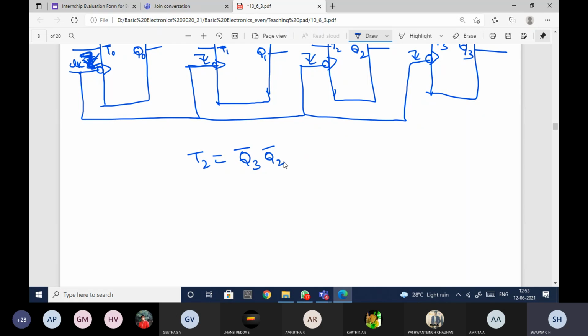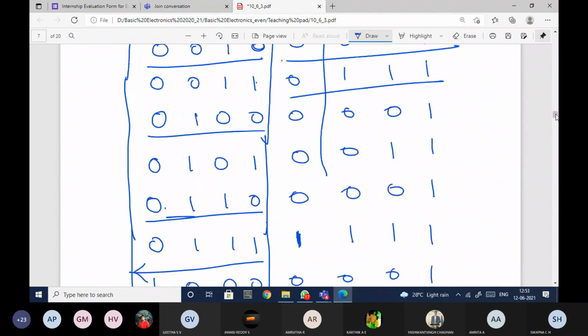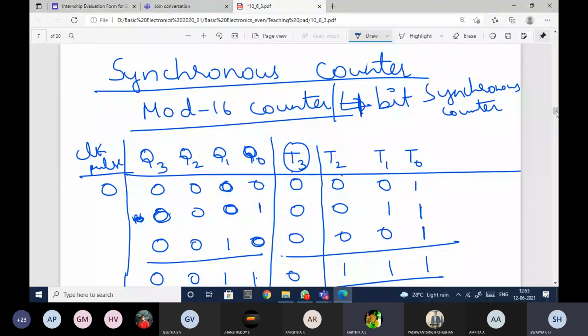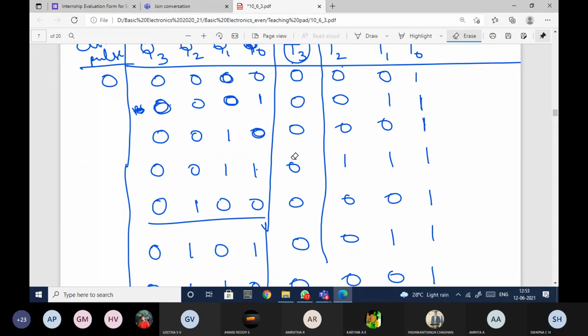Have you all noted down the table? Please show the table. Ma'am, the table. You want to see the table? No, ma'am, I have to note it down.